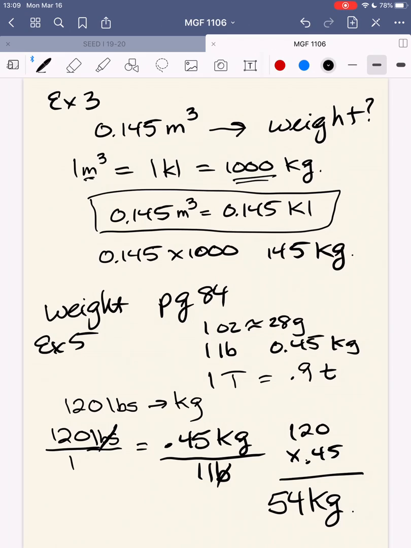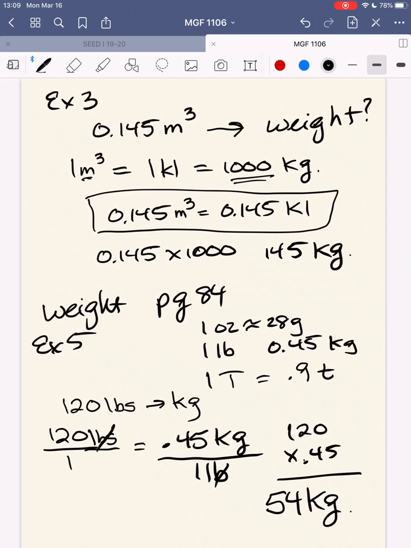Okay, so that's the first one. So we just go ahead, follow the same rules we've been doing. Now if I go ahead to the next one, I'm going to make this bigger here. I want to convert 500 grams to ounces.